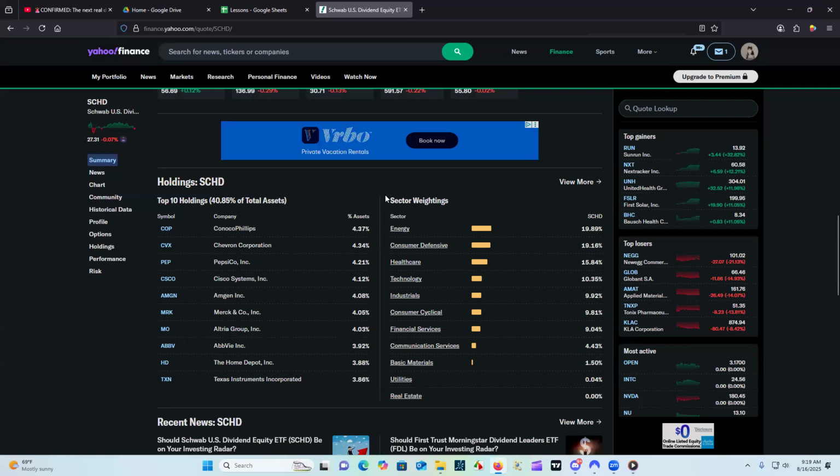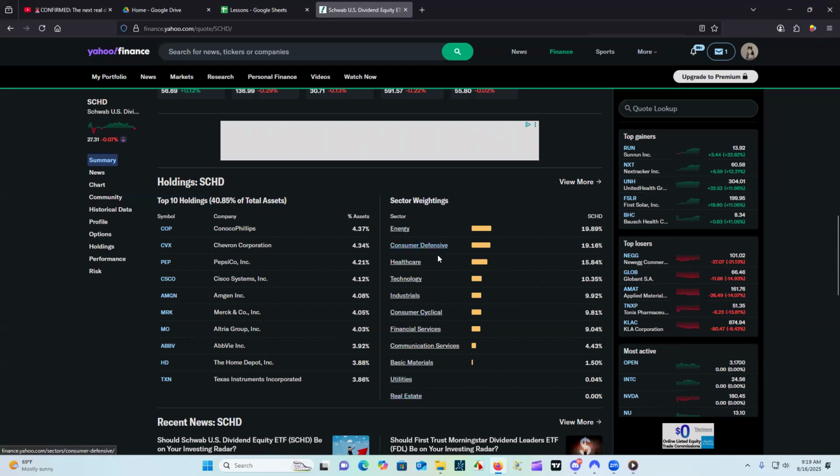And then the sector shows what percentage of the portfolio is invested in each sector. So the energy sector, the consumer defensive sector. For example, Chevron is a company that sells gas and oil, and that company is in the energy sector. It's categorized as an energy stock.